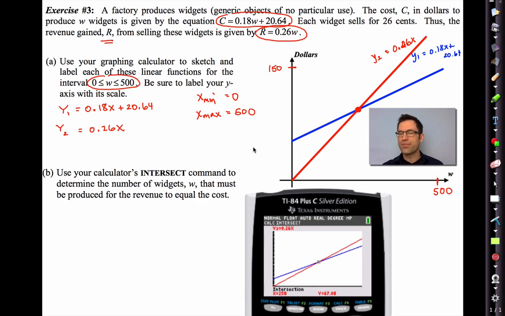And look at that. So what the calculator tells me, and what I can now mark on my graph, is that the intersection point is at 258 widgets and then 67.08. But honestly, what I really needed to know was 258 widgets.